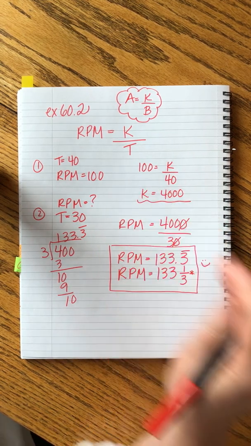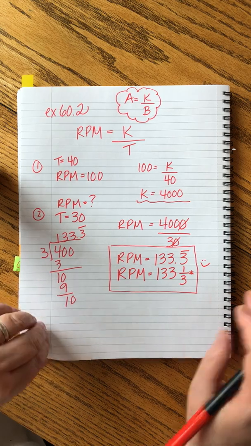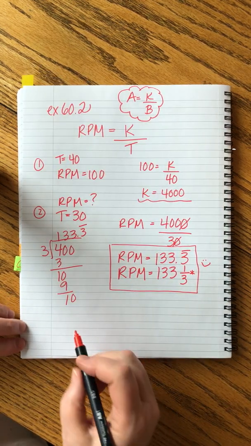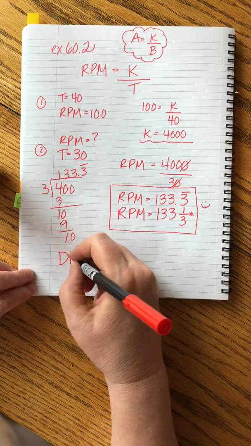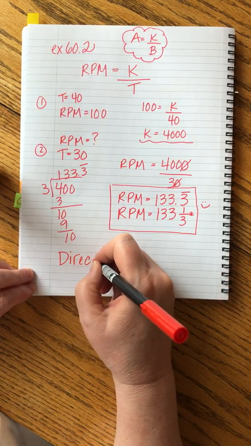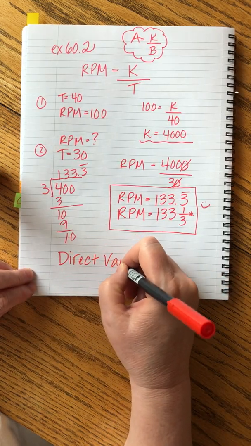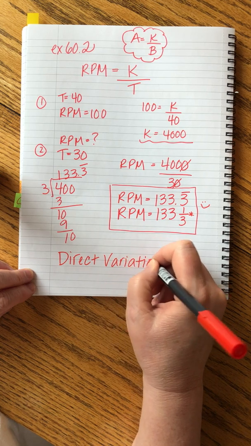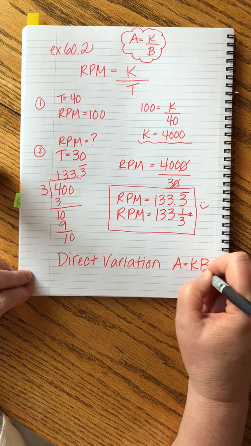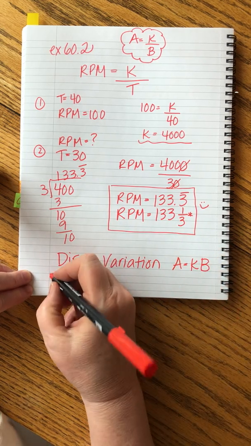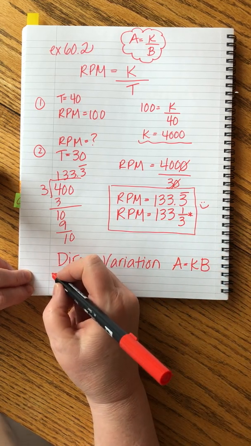All right, so what it all comes down to is, I'm going to write the formulas one more time. A direct variation is A equals a constant times B. Follow the flow of the sentence.